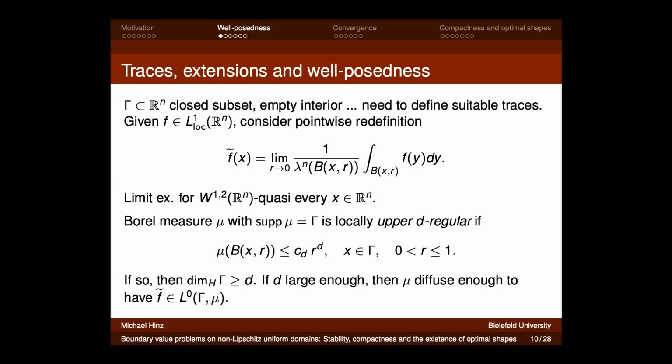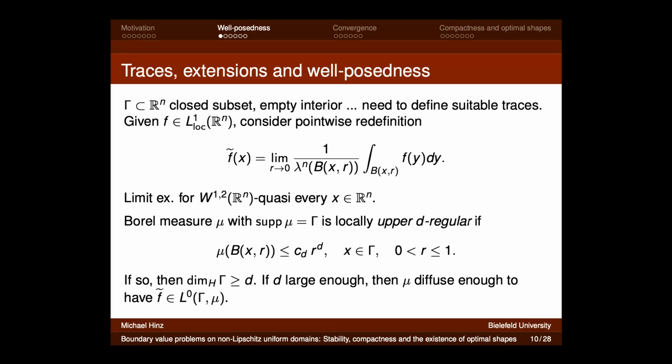One easy and pragmatic condition is to say that we look at the measure mu with support gamma, which is locally upper d-regular. This means that if you look at the measure of a ball with center in gamma and radius smaller than 1, the volume of this ball can always be estimated from above by a fixed constant c_d times r to the power d. And d is like a dimensional parameter.